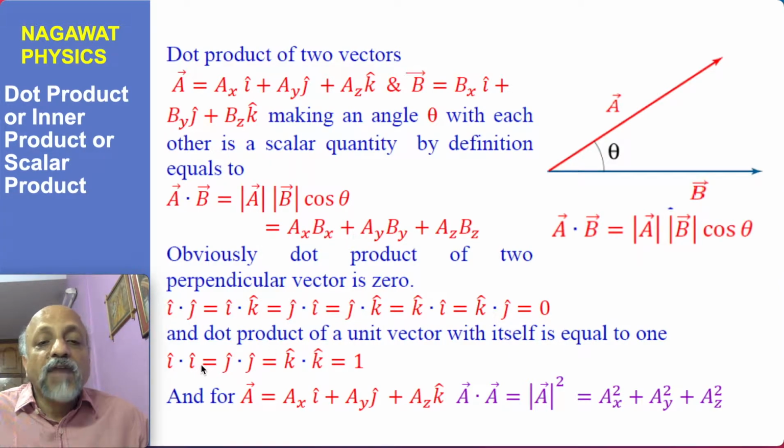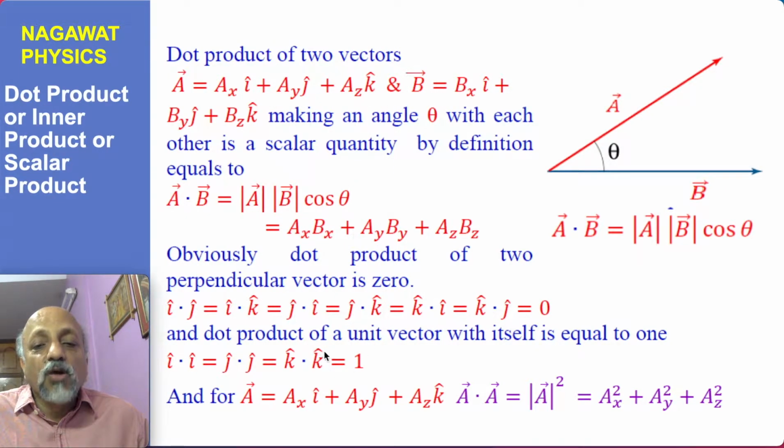But i dot i will be unity because cos 0 is unity and we are dealing with unit vectors, so i dot i equals j dot j equals k dot k equals 1. So we determine A dot B by using this technique.